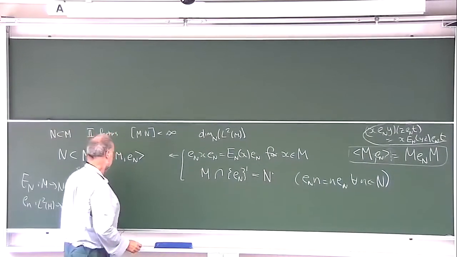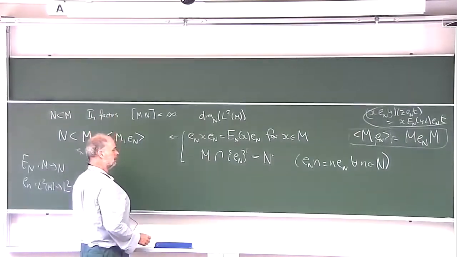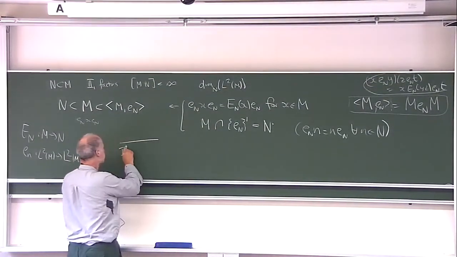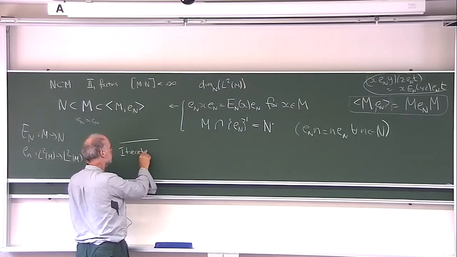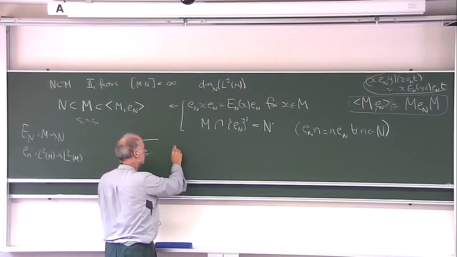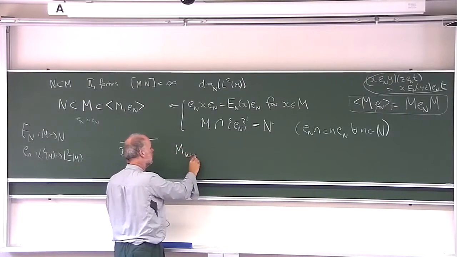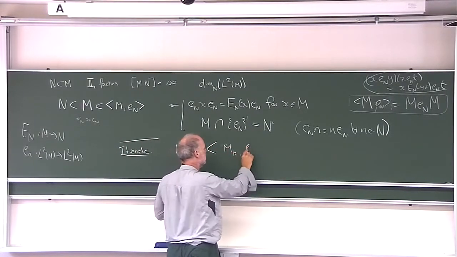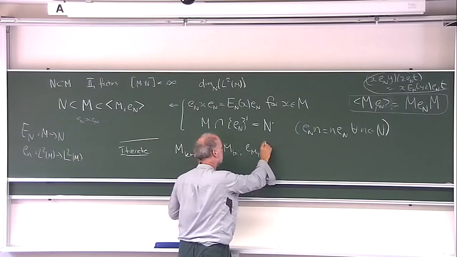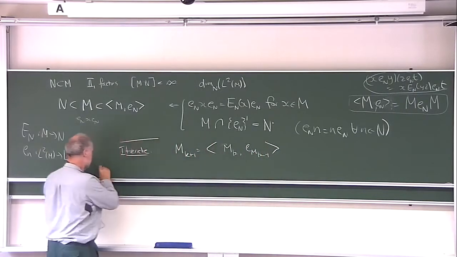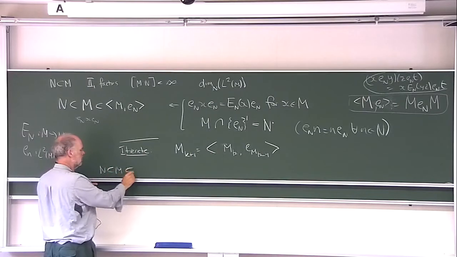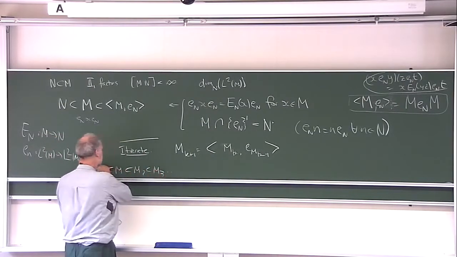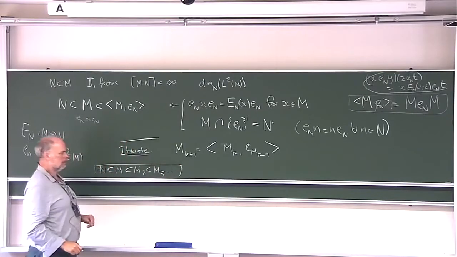All right, then very rapidly I pass to iterating the basic construction. We form M_{k+1}, the basic construction of M_{k-1} inside M_k. So we start off with N contained in M contained in M_2, which is contained in M_3. So we get a tower of II_1 factors.